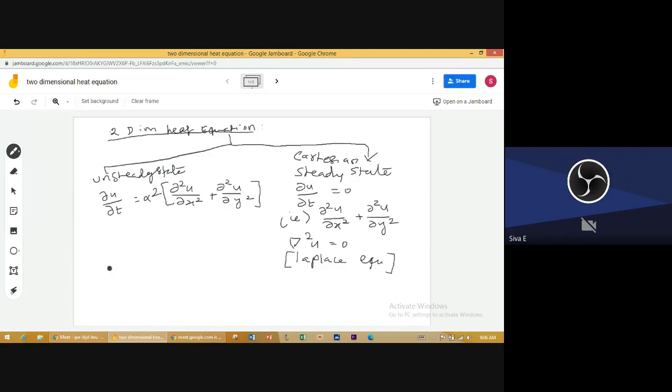The same equation can be written in polar coordinates: dou square u by dou r square plus 1 by r dou u by dou r plus 1 by r square dou square u by dou theta square equal to 0. It is the equation of the two-dimensional heat equation in polar coordinates. Okay, this one is a note.